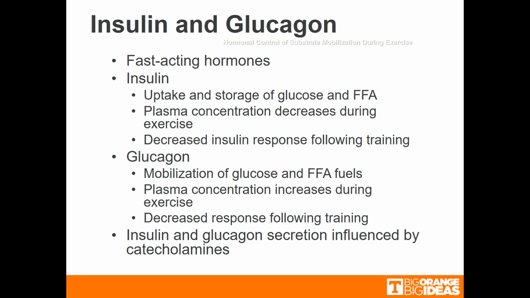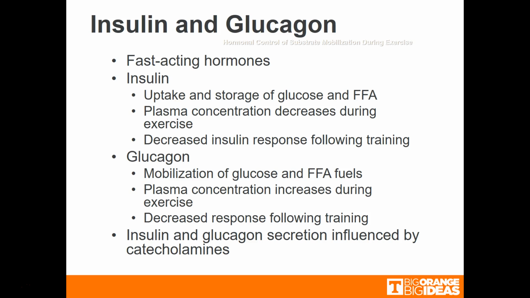So there are receptors that appear on the muscle surface called GLUT4 receptors. So these GLUT4 receptors allow the glucose to be taken into the muscle without the use of insulin.